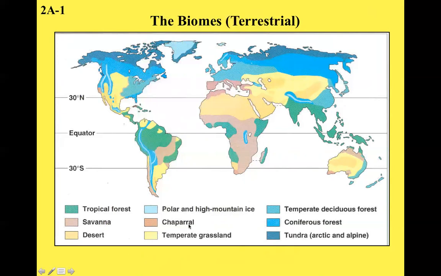We have chaparrals. We have temperate deciduous forests. Coniferous forests are in the colder regions with cone-bearing trees. Tundra is even colder, you see up closer to the polar regions. So there's several different types of terrestrial biomes.